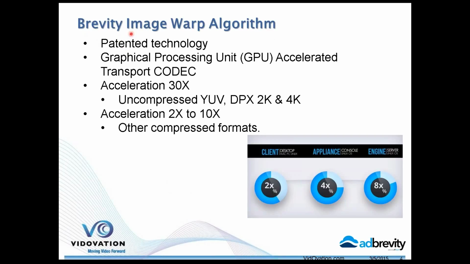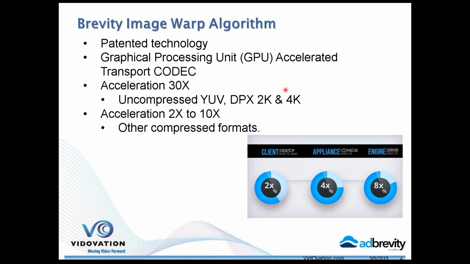So what is at the heart of this technology? It's the Brevity image warp algorithm. There's software behind it, but we're using graphical processing units. We're using hardware. So that improves the speed and efficiency of our file acceleration and our transcoding.